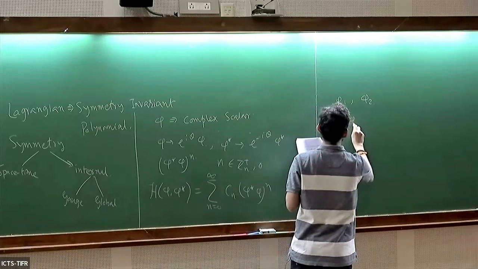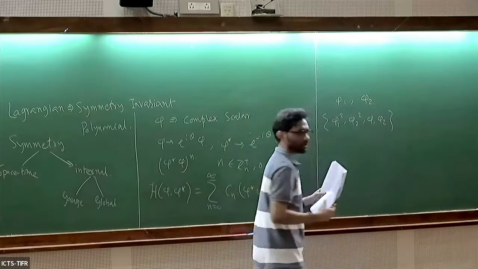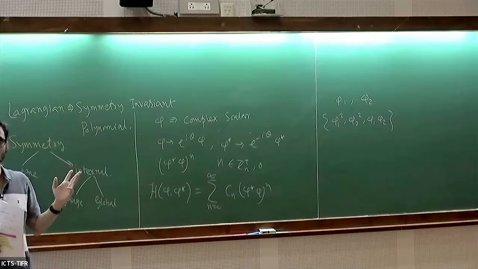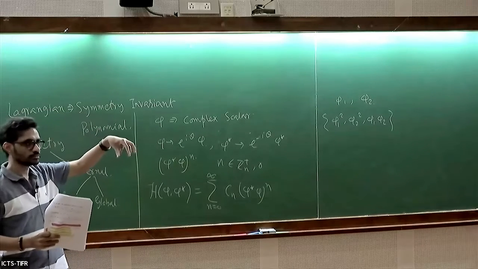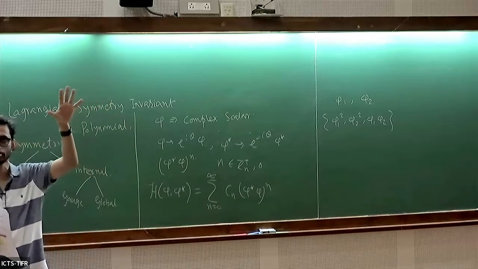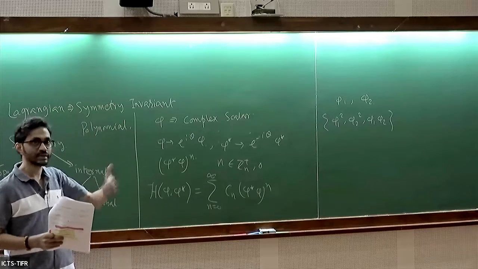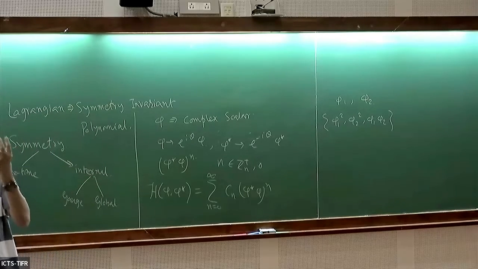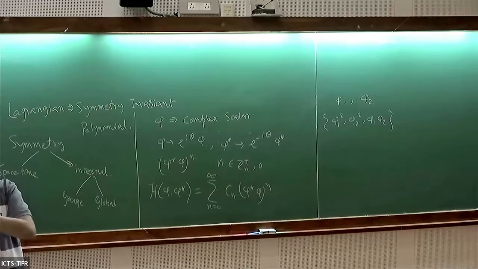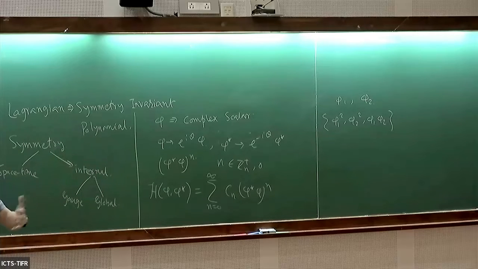Phi 1 square, phi 2 square, and phi 1 phi 2, and if I assume that phi 1 and phi 2 commute, then I omit phi 2 phi 1. So at n equal to 2, I am writing 3 terms. That means this Cn in this series gives you the multiplicity of the independent structures having the same mass dimension. Phi 1 square has mass dimension 2, phi 2 square 2, also phi 1 phi 2, 2.